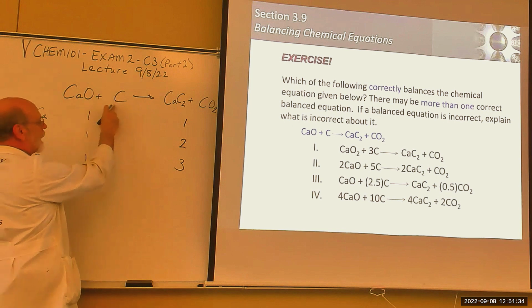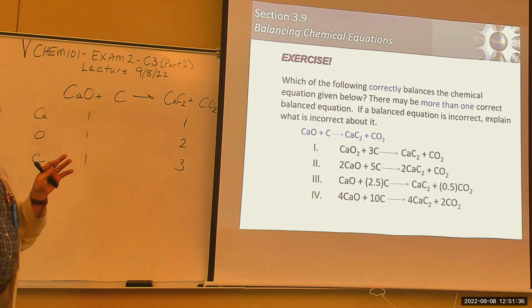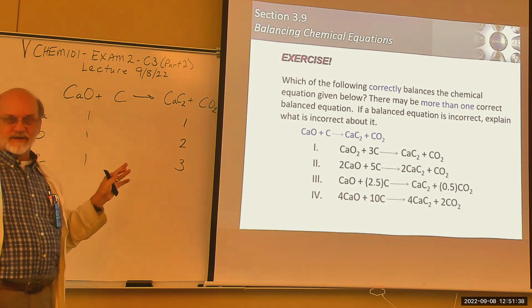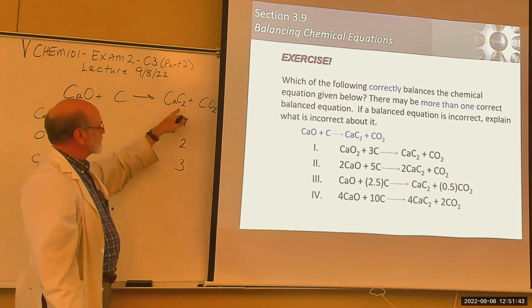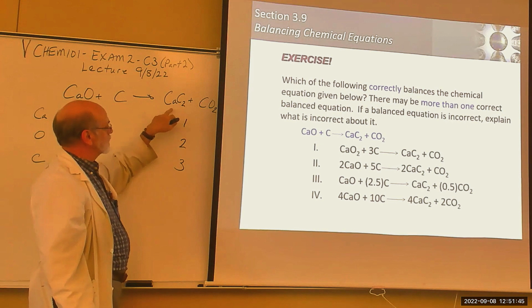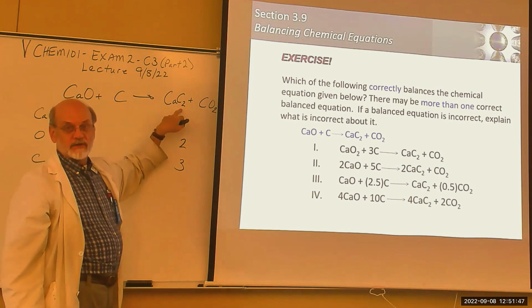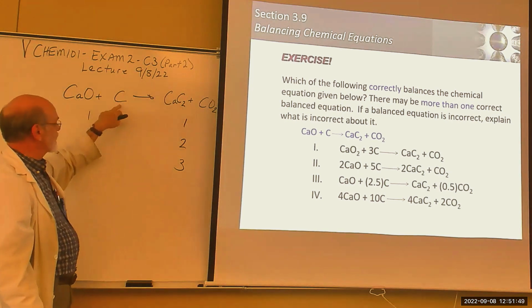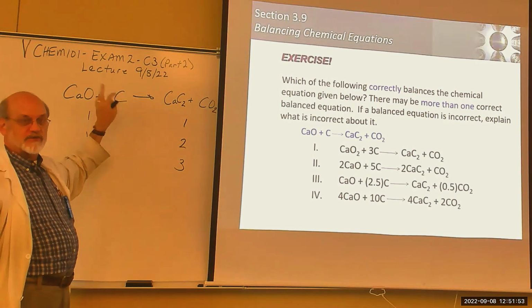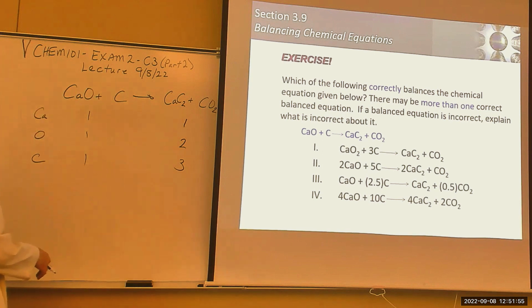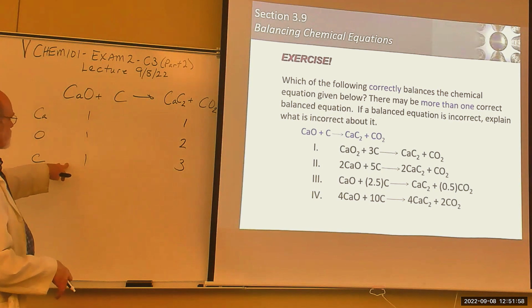If you have an element by itself, then save that to last. Because when you start putting coefficients in front of these compounds, you may only want calcium balanced, but you're going to affect carbon too. But if you save it to last, when you put a coefficient in front of that, that's the only one that's affected. So save that to last. Okay, so we're not going to do carbon yet.